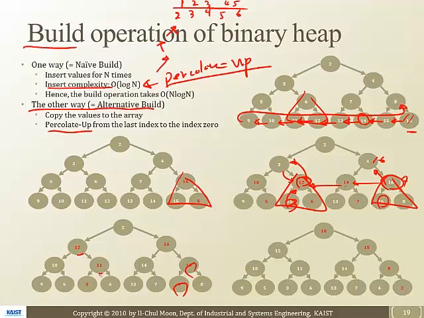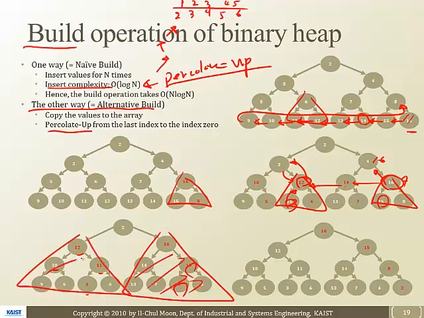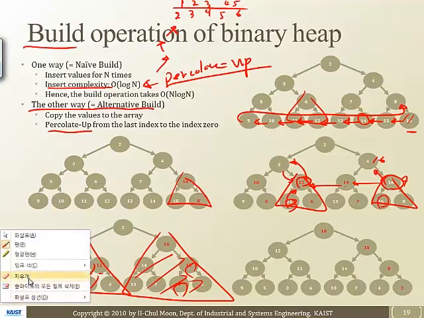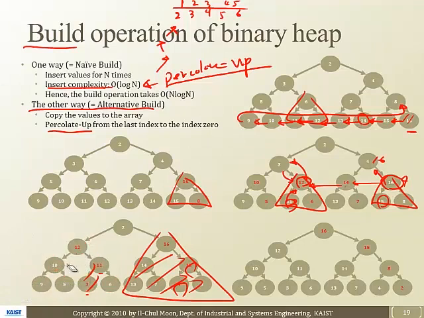So 12, 11, and 3 is now here. And 10 doesn't need to go upward, because 12 is already here. So this tree's heap property is kept, and this tree's heap property is kept. And after that, let's erase it for a second.